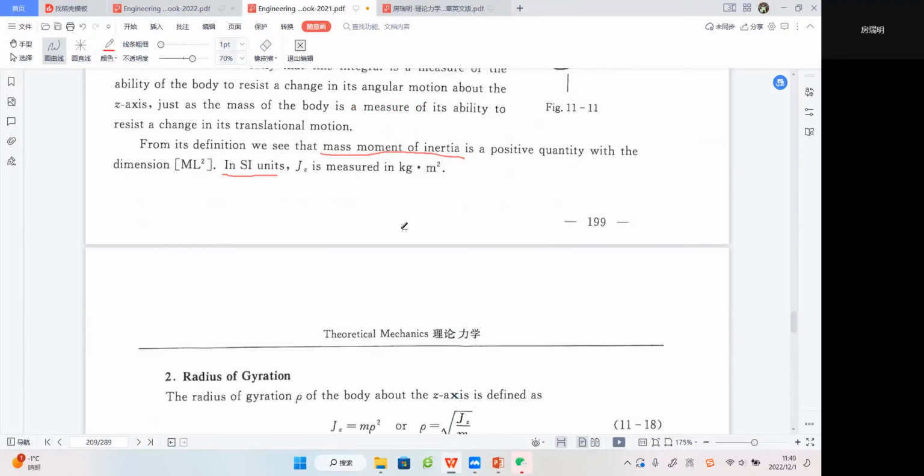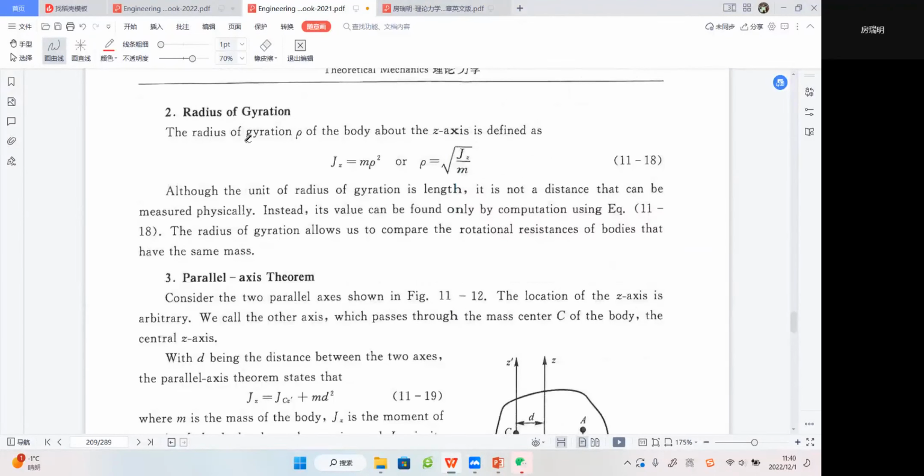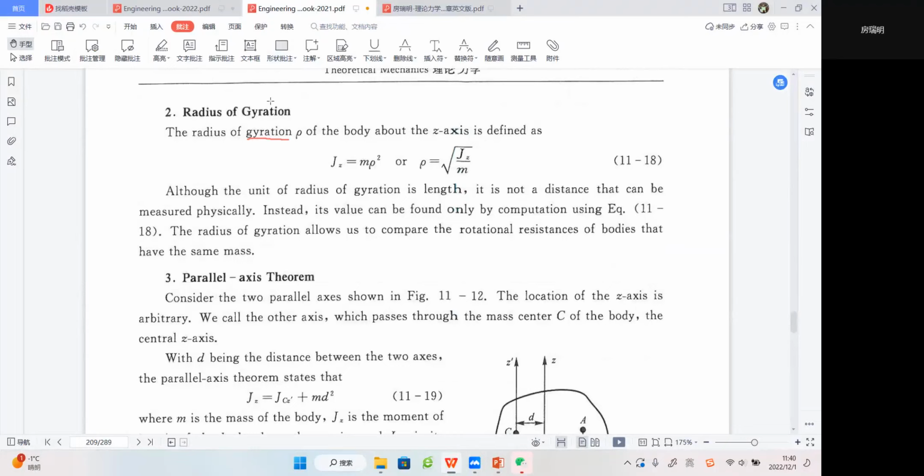Then we will have another concept. This is not very important, but you should know the radius of gyration. This word is very strange to me. Gyration. Am I correct to give this pronunciation? Gyration. So we have rho, like in density, you know. In Chinese, I'm very familiar with the name.